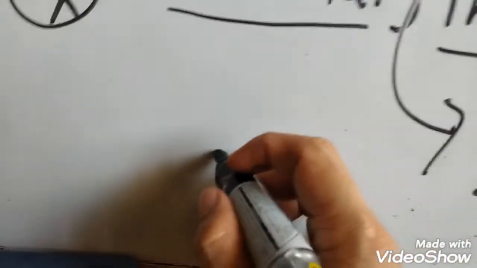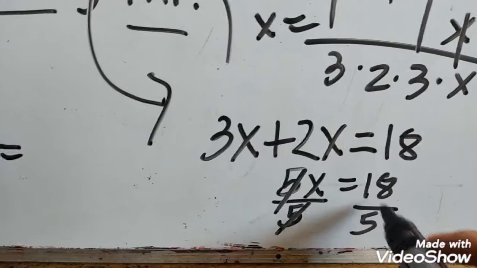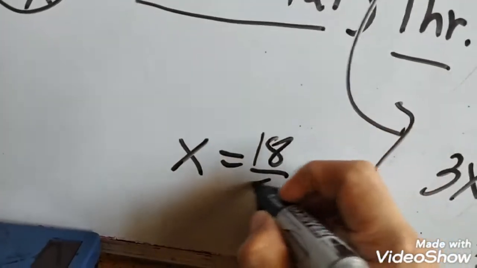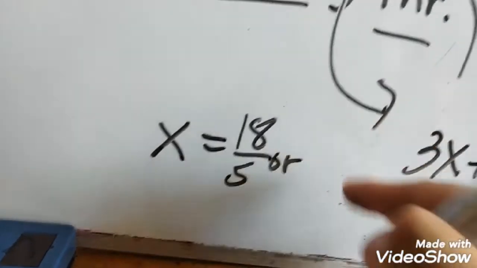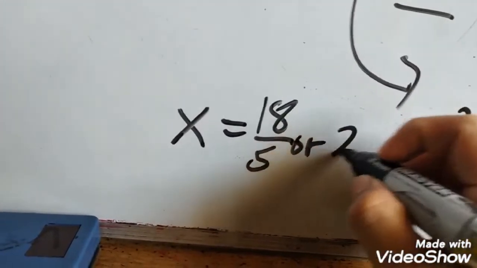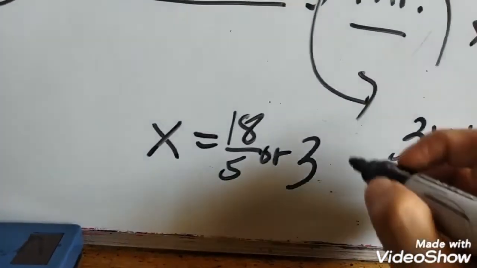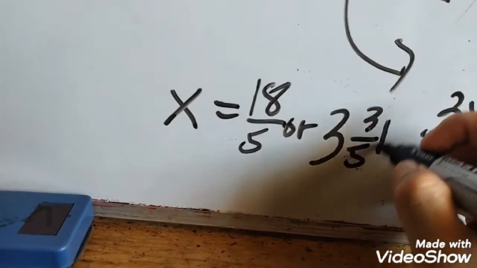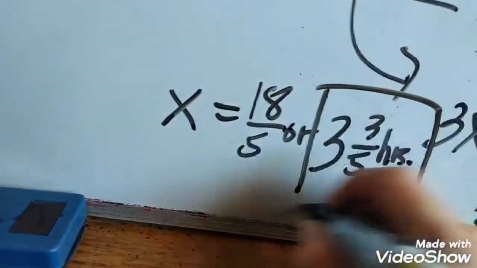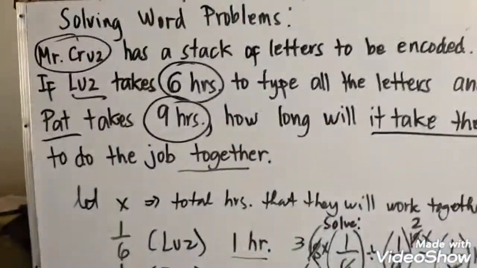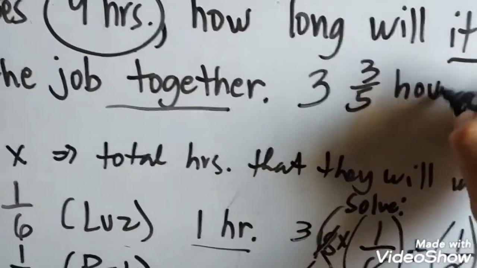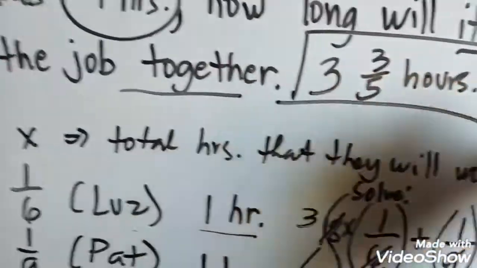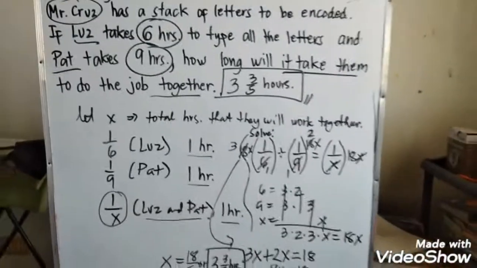So, x is equal to 18 over 5, or if we are going to represent that in mixed number, 3 and 3/5 hours. So, meaning to say, kayang gawin ni Luz at ni Pat yung trabaho sa loob ng 3 and 3/5 hours. Final answer. Diba?